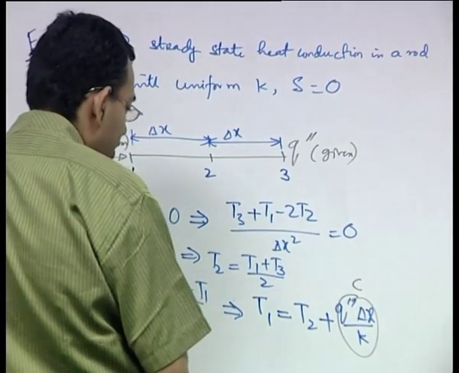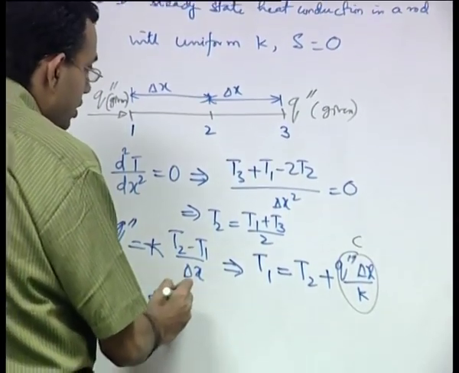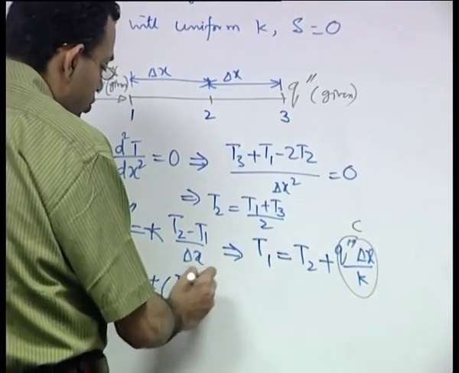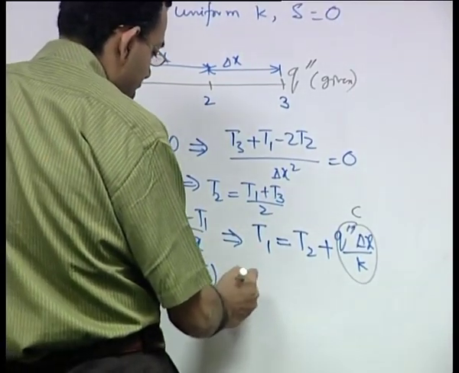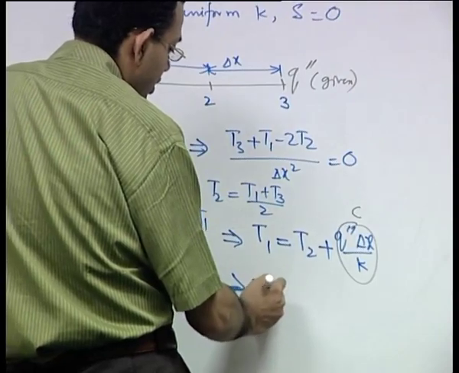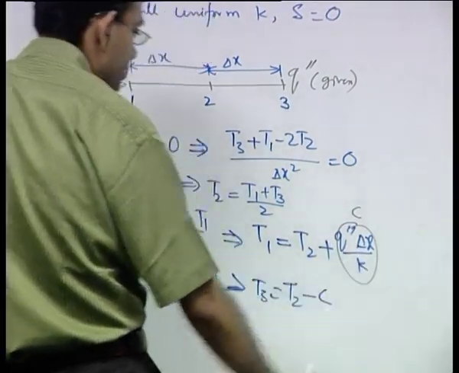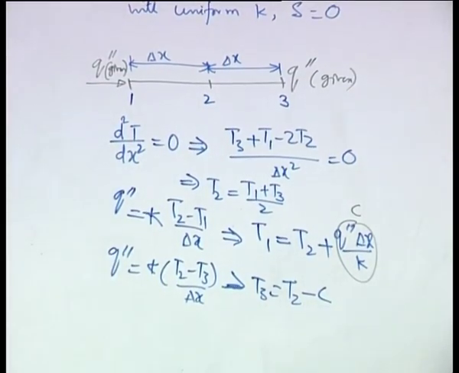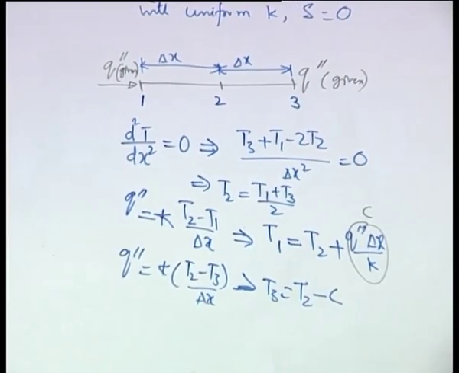Similarly, at the right boundary you have q is equal to k into (T2 minus T3) by delta x, that means T3 is equal to T2 minus C. Now, let us try to organize these equations.